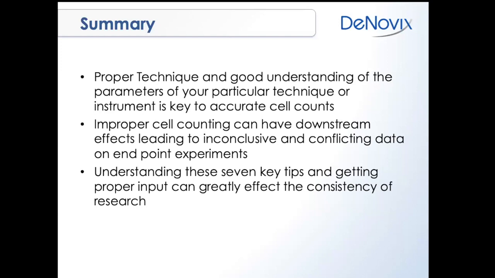You can have inconclusive or conflicting data on your endpoint experiments, like flow cytometry experiments or drug development experiments. So making sure that you get good cell inputs is very important to getting consistent research experiments done.